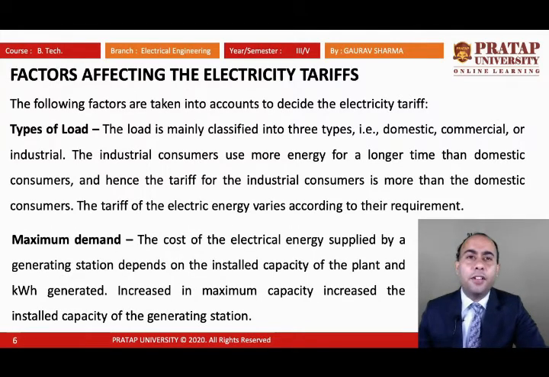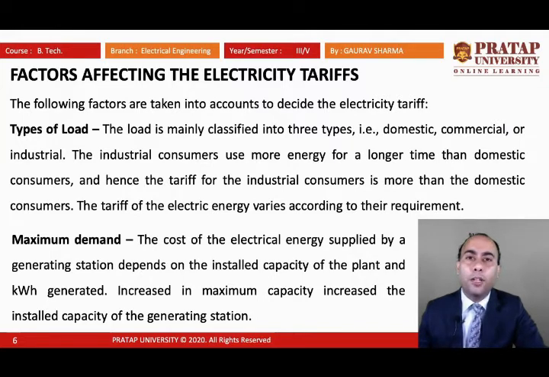Now, the factors which affect the tariff. These are the types of load. We have various types of consumers, like we have a domestic consumer, a commercial consumer, an industrial consumer, and also an agriculture consumer. So for the different consumers, the tariffs change as per time. Like domestic consumers, we have 24 hours supply.